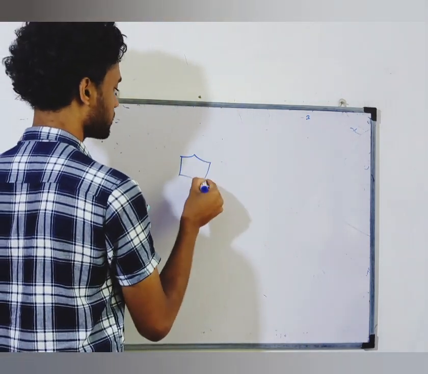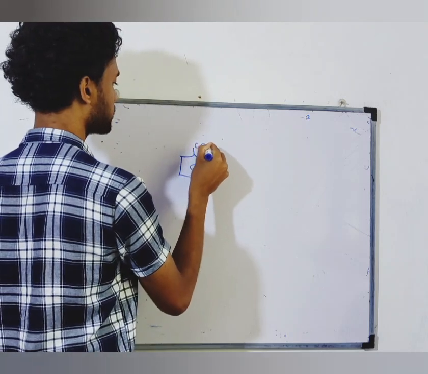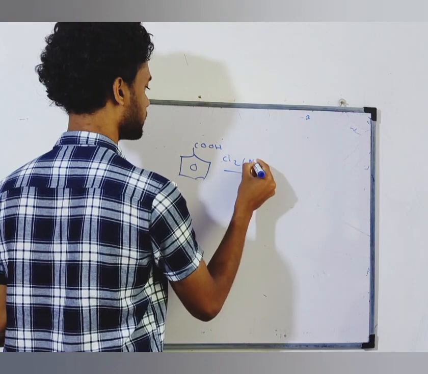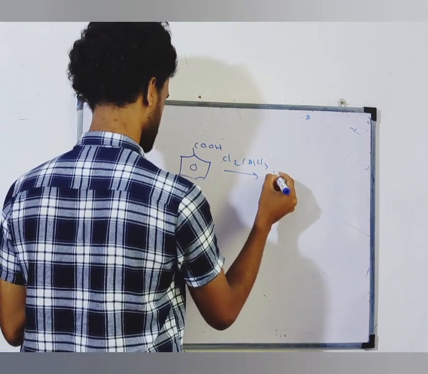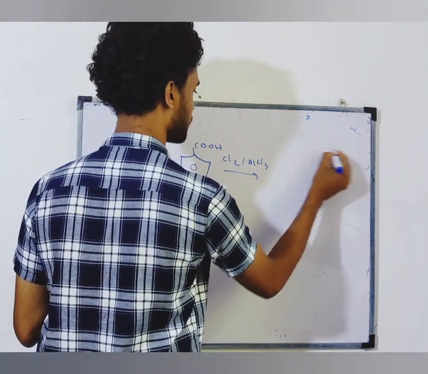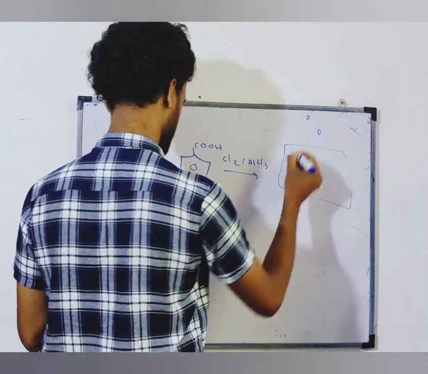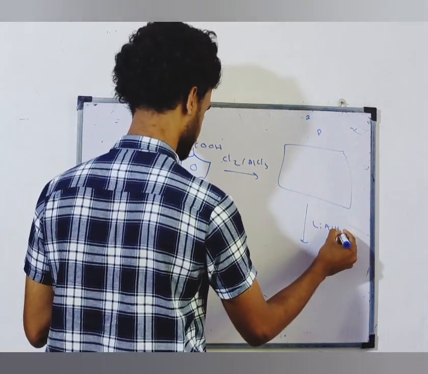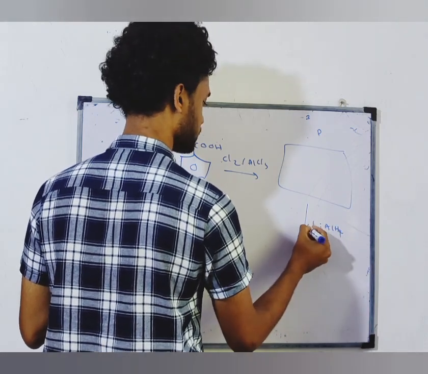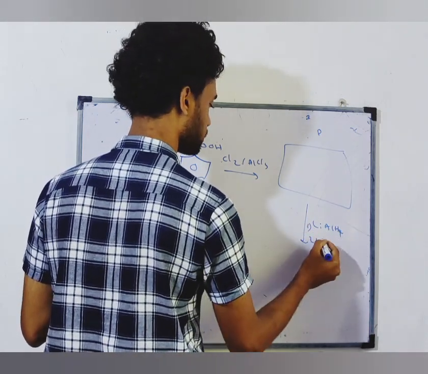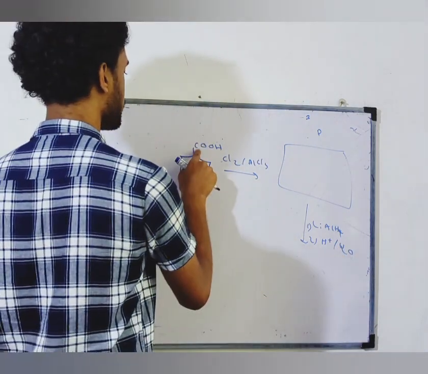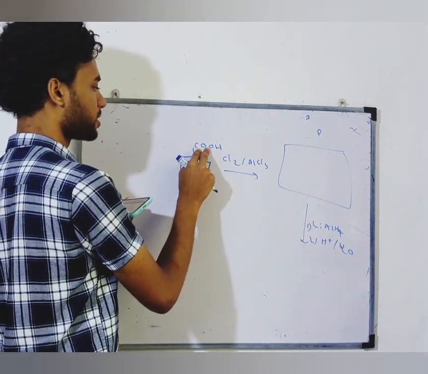Okay, so I have this carboxyl group attached here, and I'm putting Cl2, AlCl3. So I'm producing P, right? This is P. And then to that I'm going to put lithium aluminium hydride, and then H plus, right? Now we have the carboxylic group attached here.